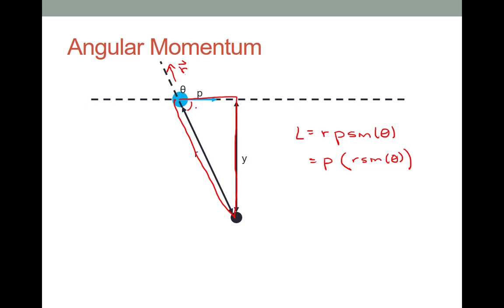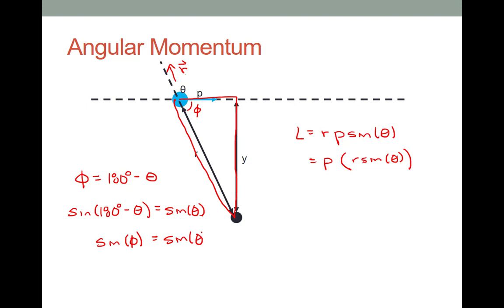So I'm going to define this angle phi, where phi is going to be 180 degrees minus theta. And now I'm going to remind you of a trig identity, that the sine of 180 degrees minus theta is equivalent to the sine of theta, or in other words, sine of phi equals sine theta, which is nice because phi is inside my triangle.